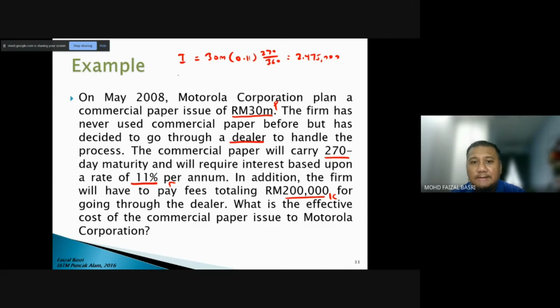All right. The rest is straightforward. So I can calculate my proceeds here. I borrow 30 million. I have to pay interest 2.475 million. And I have to pay 200,000 issuing costs.